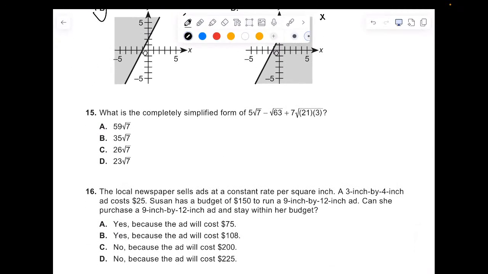What is the completely simplified form of... Oh my goodness. Okay.